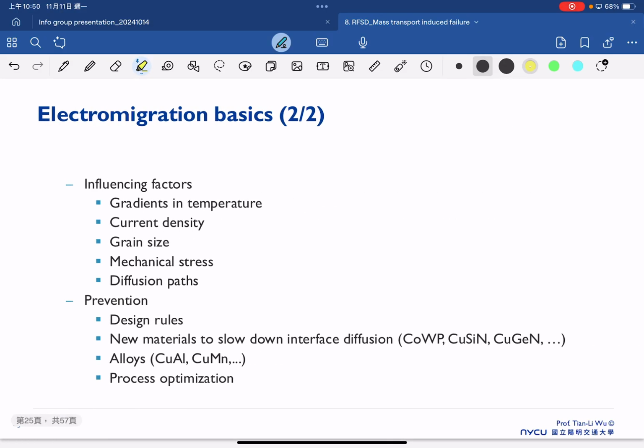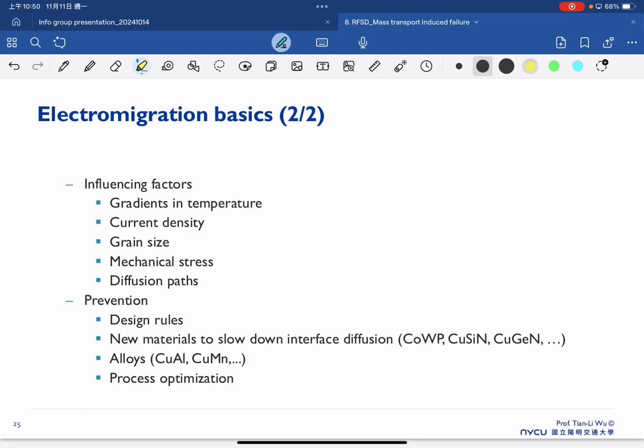And there are so many influence factors, I would say so far all of this is still under discussion, because each time we try to employ a new material for the interconnection line, that completely changes all of our understanding, because different materials have different relations for temperature, different grain size, and also different diffusion. So these all will influence our electron migration.